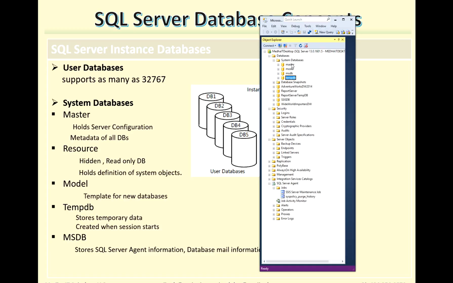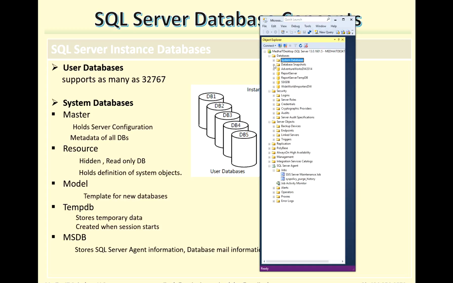We use them to query, to check the system configurations or system health, but we don't modify the data in these databases. And then you have user databases. User databases are the databases created by users for our application purposes. These are the databases where we insert the data, we manipulate the data, and we store the information, but we don't touch the system databases.